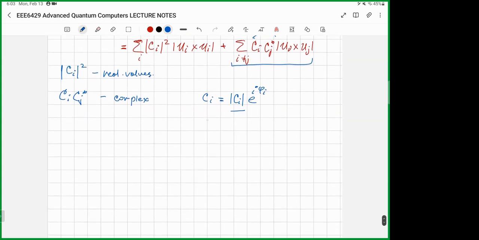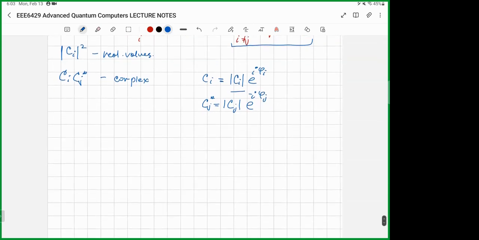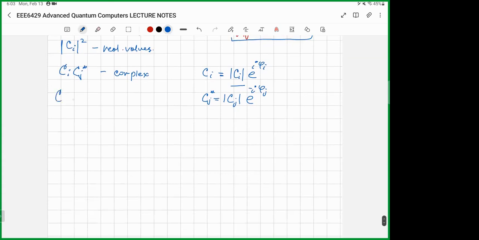And the same for the Cj. For the Cj complex conjugation, we will get modulus Cj, then e to the power of minus i phi j. So the product like this, Ci Cj complex conjugation, will be modulus Ci, then modulus Cj, times e to the power of i (phi i minus phi j).